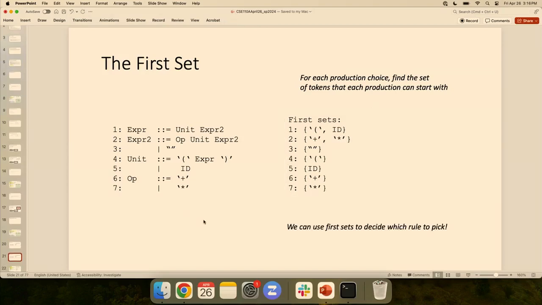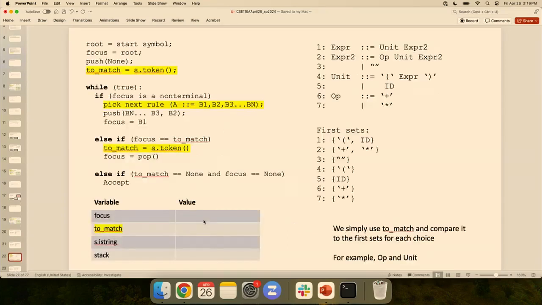And now we can use those sets to determine which rule to pick. For example, if we are picking the next rule, that means our focus is a non-terminal. Let's say our focus is an op. So if our focus is an op and we're picking the next rule, we can pick between 6 and 7.